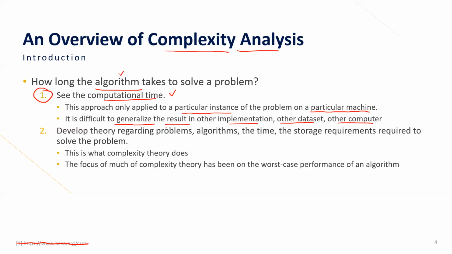So what should we do if we cannot use the computational time? People who develop this type of algorithm commonly know that we have a theory that can accommodate these types of problems and algorithms, and can also predict the computational time and the storage requirement, because computing power needs storage in your machine to solve the problem.